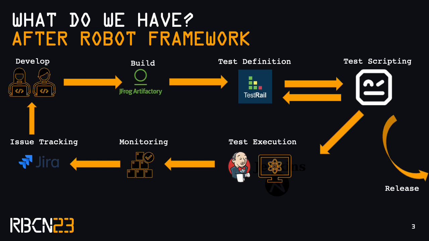When the QA tester is writing the test definition, the test automation engineer can also start the scripting in parallel, and the test execution will be done by the CI/CD pipeline. The result will be shown in the monitoring tool and displayed to notify our developers, so that the issue can be tracked more frequently and the bug gets fixed more quickly.